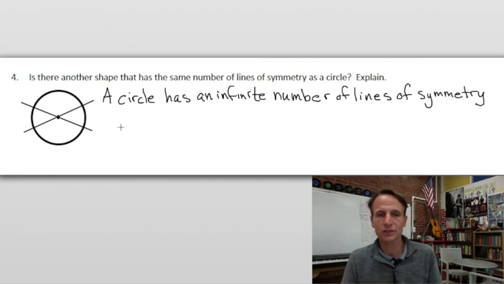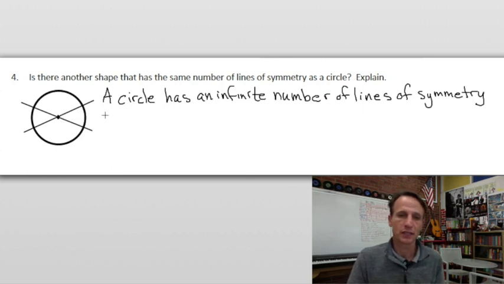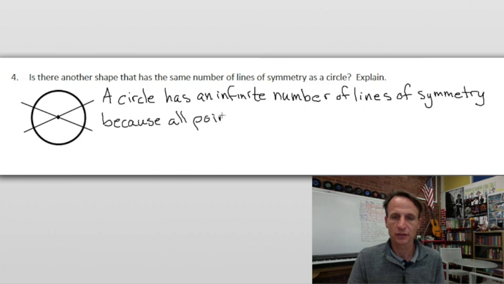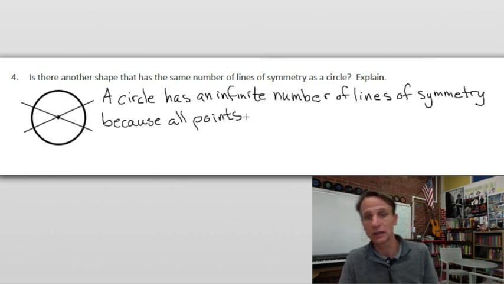Now let's ask ourselves why. Because all points on the circle are the same distance from the center. In fact, that's actually the definition of a circle.